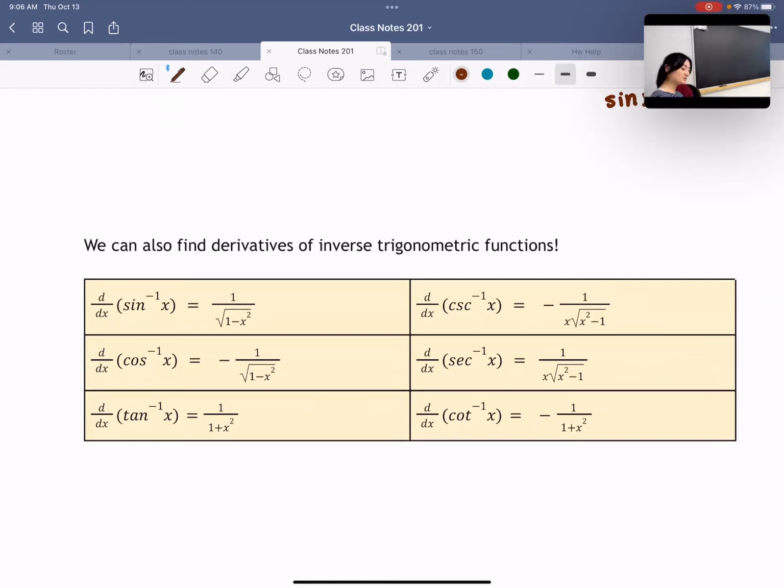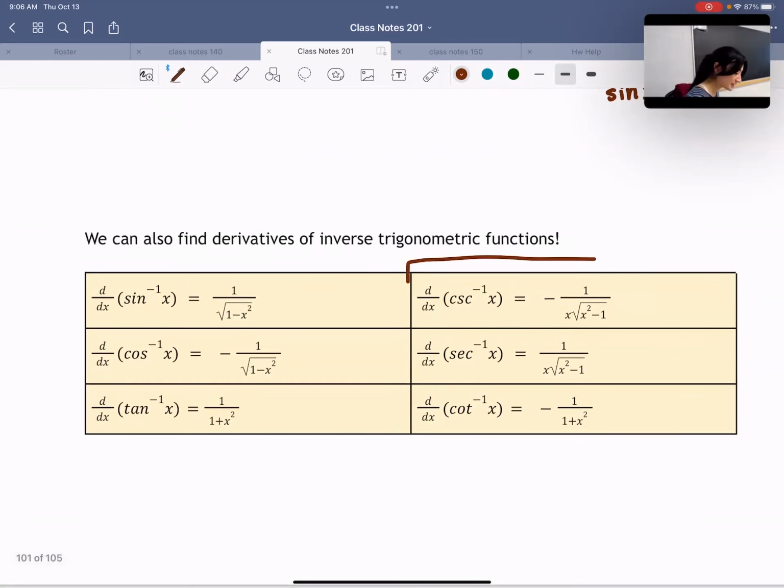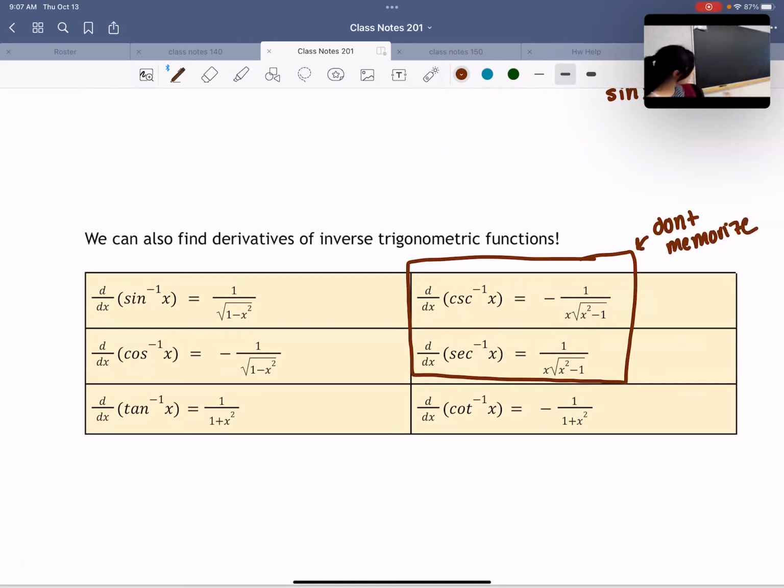To make this easier for you, for a test or quiz, I'm not going to require you to memorize the ones for cosecant and secant, so don't memorize those if you don't want to. But the other four, I do want you to know. If you ever take Calc 2, you'll probably see the derivative of inverse tangent a lot, and the derivative of sine inverse as well.